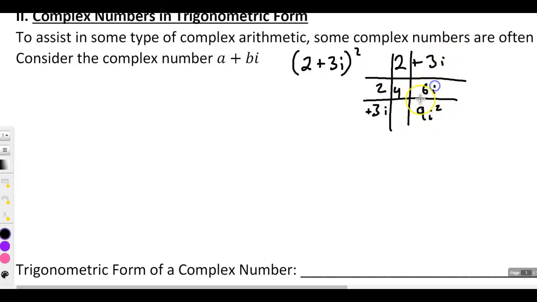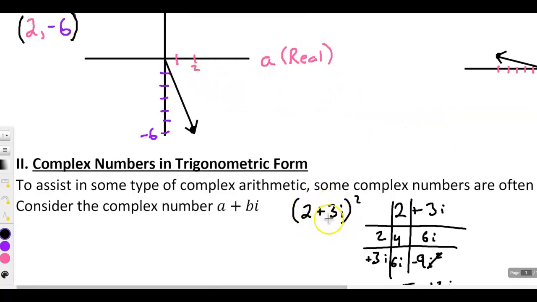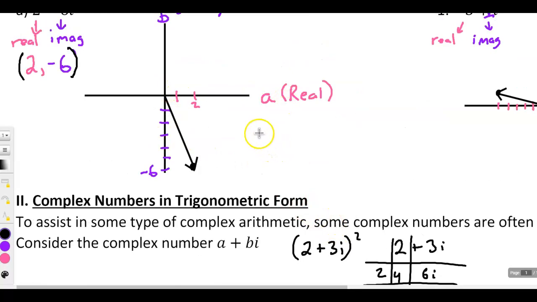We got 6i, 6i, and then we found any i squareds turn into negative 1s. So this really came out to -5 plus 12i. Well, there's going to be a graphical way to actually do this. That's why we're looking at this. So what happens if you put these 2 vectors on a plane and do some multiplication?